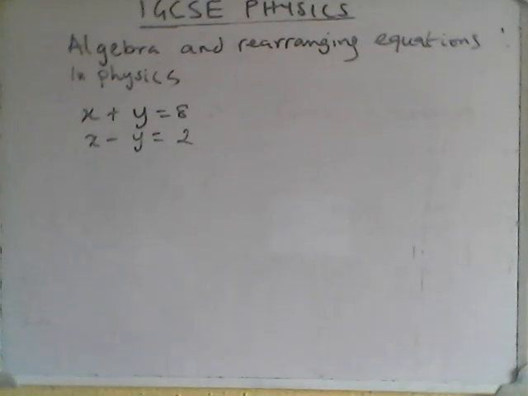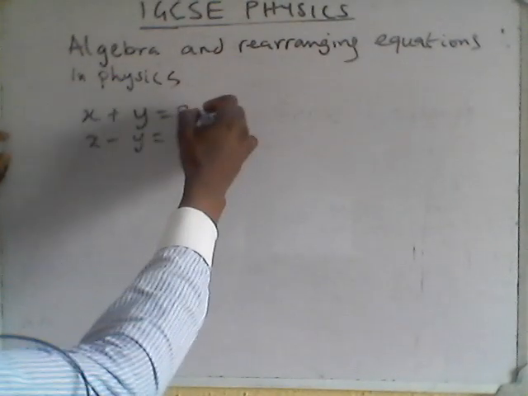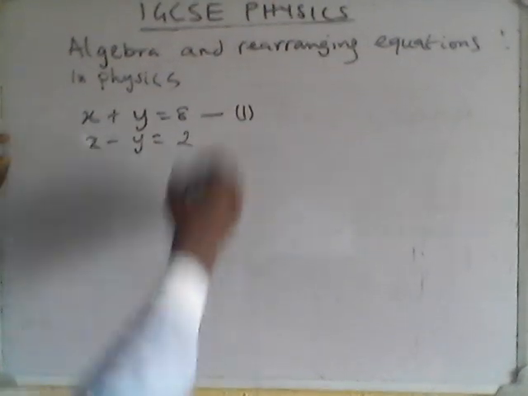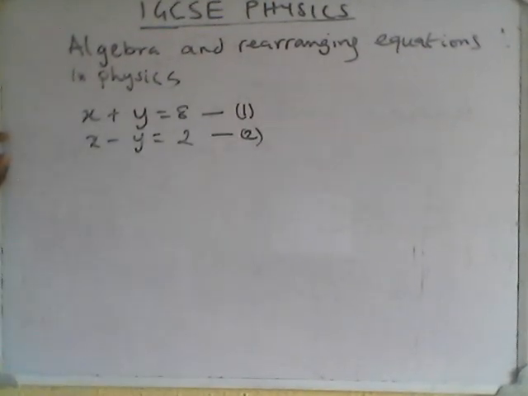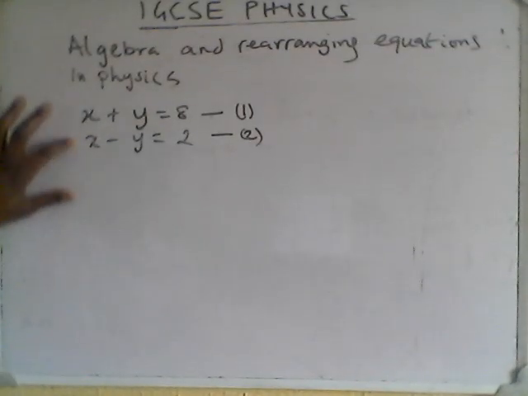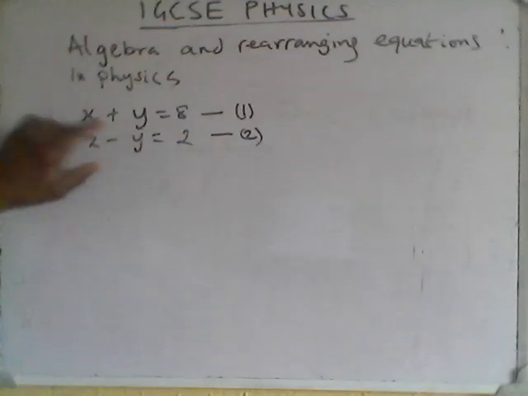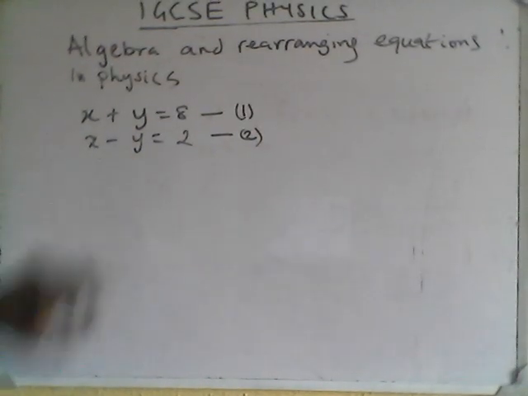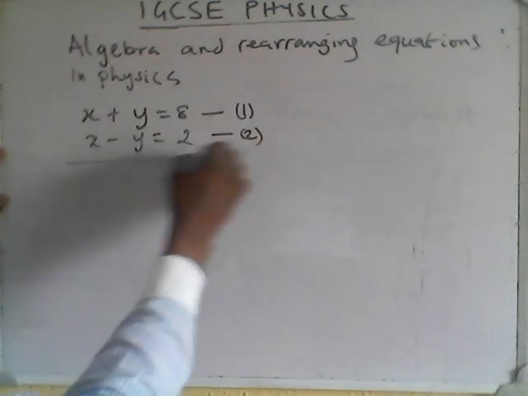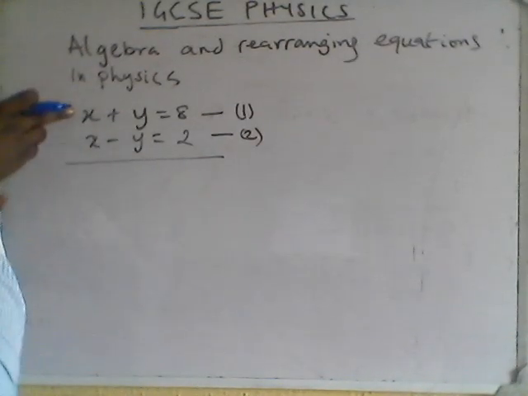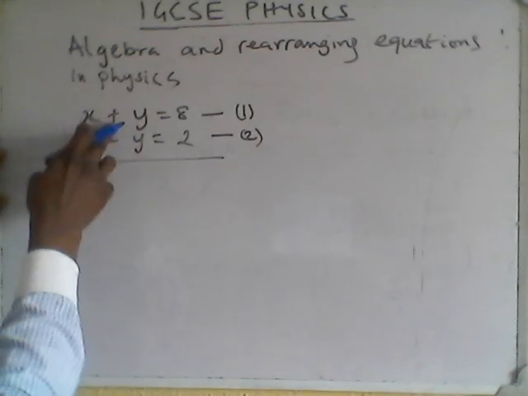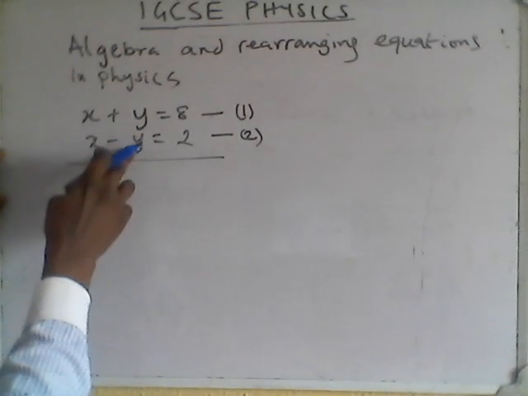So for the first one, you give it a name, call it equation 1, then this one is equation 2. So what you do is to look for the coefficients of the two equations and see which one you can knock out using a simple operation. If I rule my line like this, I know that this is 1x and 1x here, and this is plus 1y and minus 1y.